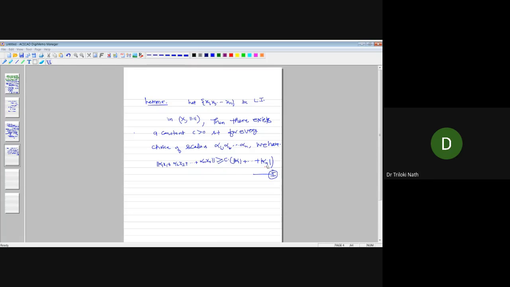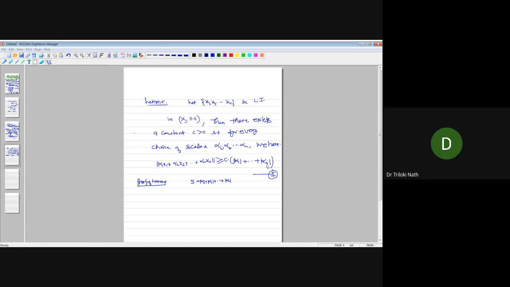So what we are going to prove is the proof of this lemma. Let us write S equal to mod alpha 1 plus mod alpha 2 plus ... plus mod alpha n.